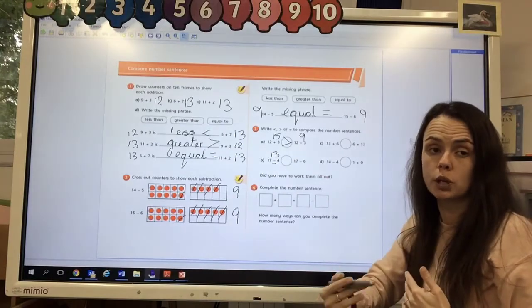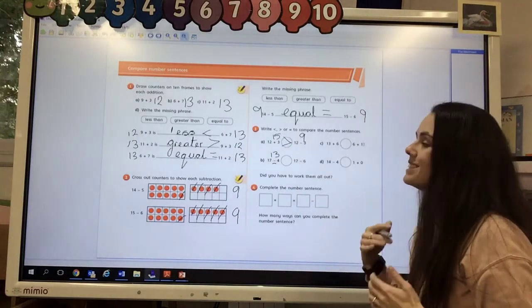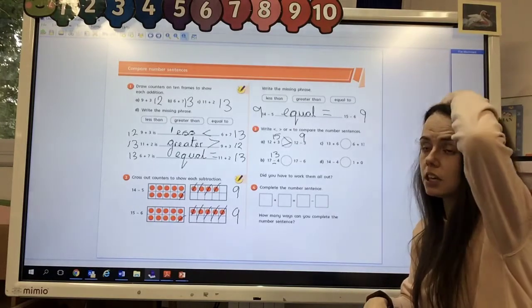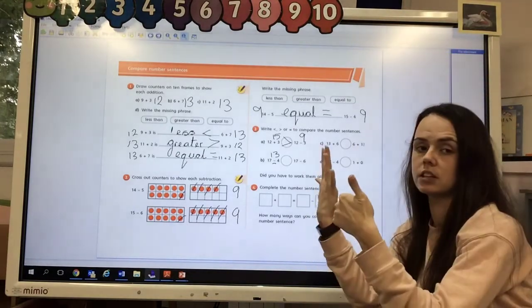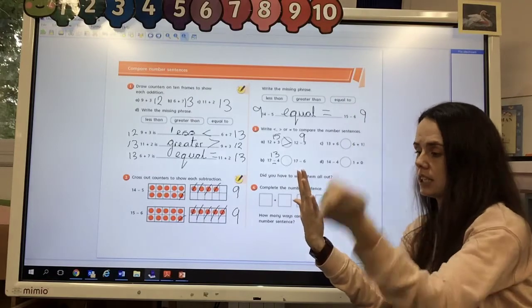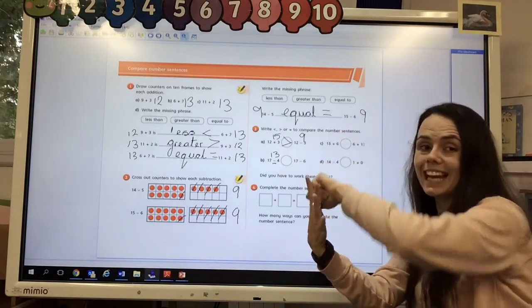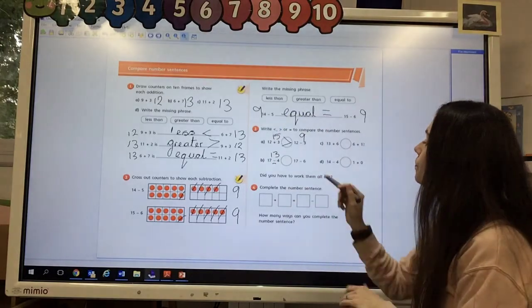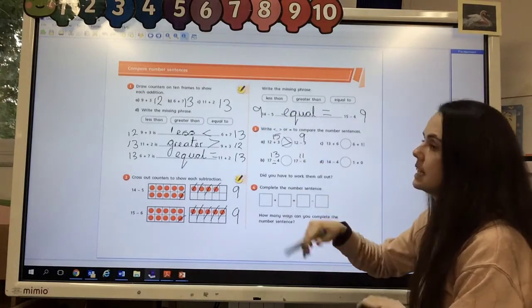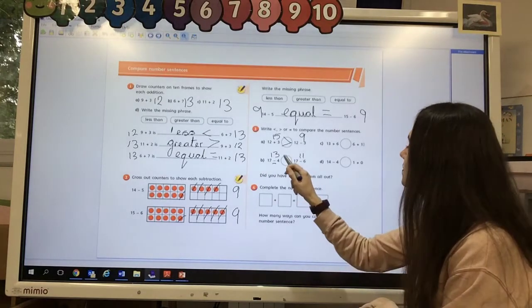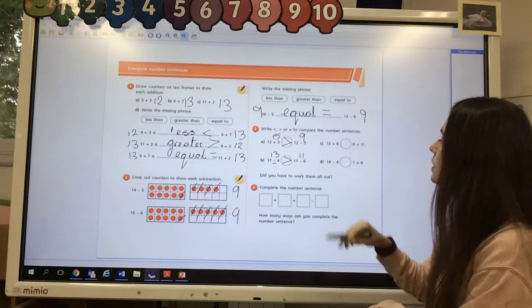You can always use your number line. This time we're doing 17 take away 6. So put 17 in your head, hold up 6 fingers. 17, 16, 15, 14, 13, 12, 11. Done? So 13, is it bigger or smaller than 11? Bigger, well done.